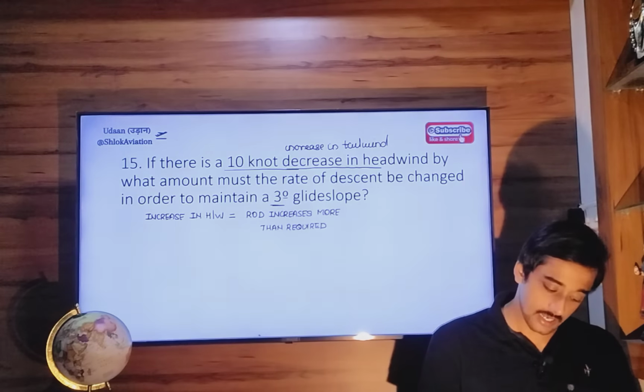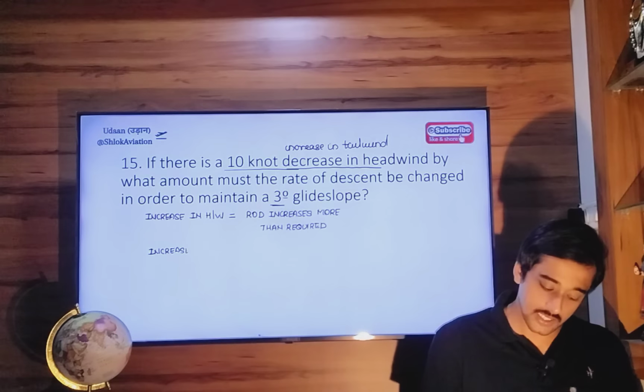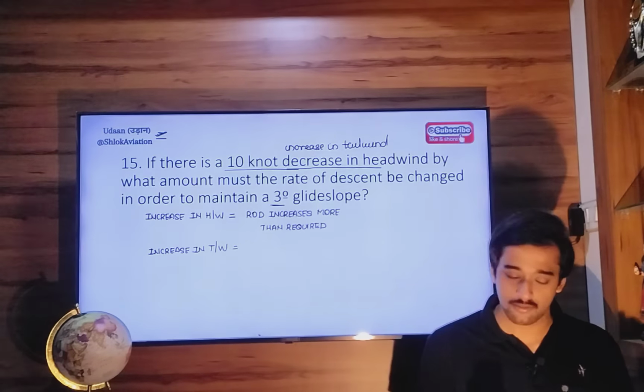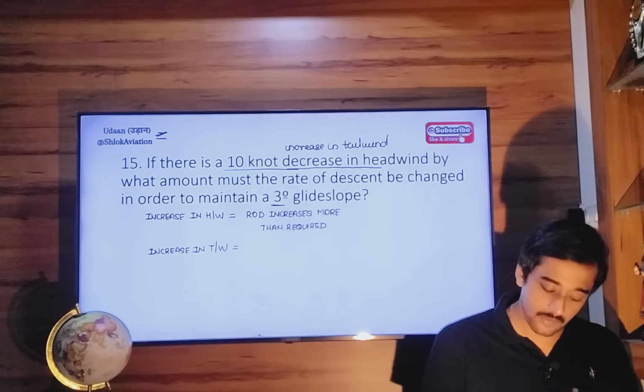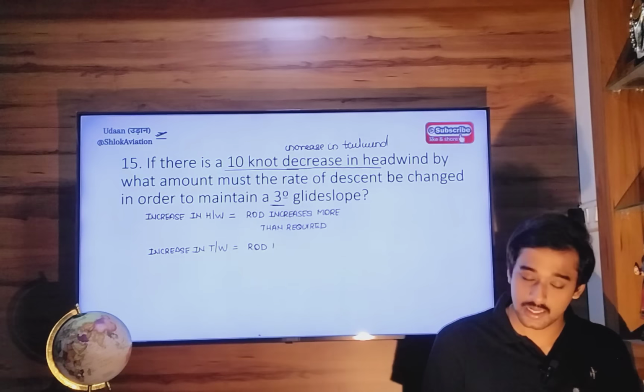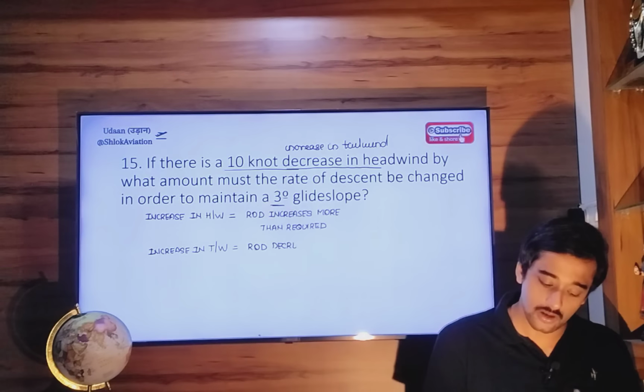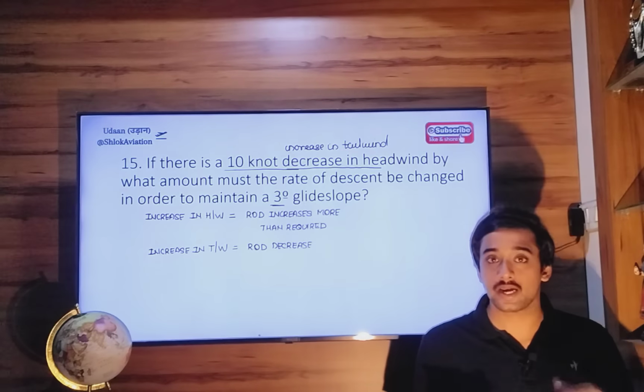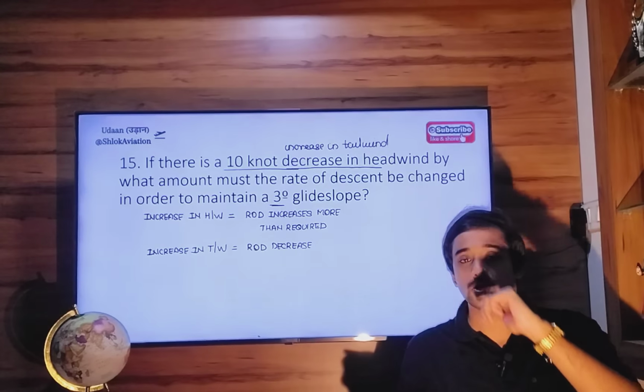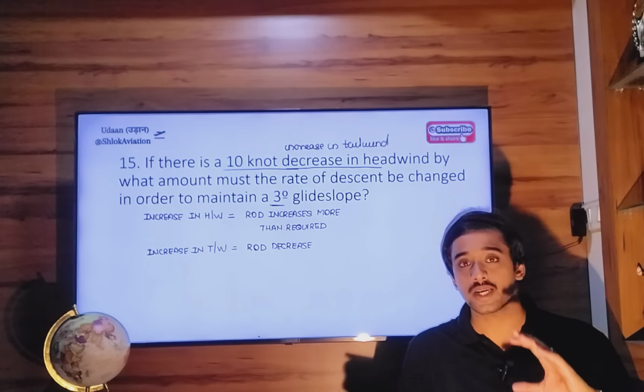So what will happen if there is an increase in tailwind component or a decrease in headwind component? Similar things, but reversed. Rate of descent will decrease. The rate of descent of your aircraft will decrease. So your aircraft will tend to remain suspended in the atmosphere.